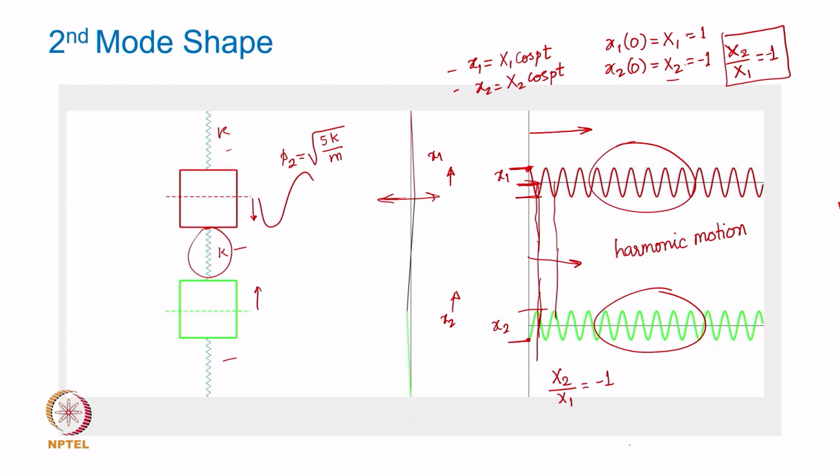If my initial perturbation maintains the same ratio, that x2 equal to x1 equal to 1, both of them will vibrate at the first natural frequency. If I initially give a value x1 equal to 1 unit, x2 equal to minus 1 unit, so I move the first mass vertically up, the second mass vertically down, and then release them, then the motion is going to happen at its second natural frequency, but both of them will move with the same frequency P2 and they will maintain the amplitude ratio as given by the mode shape, right.